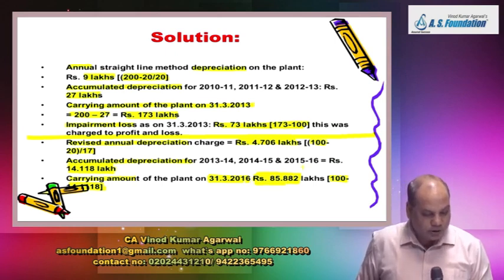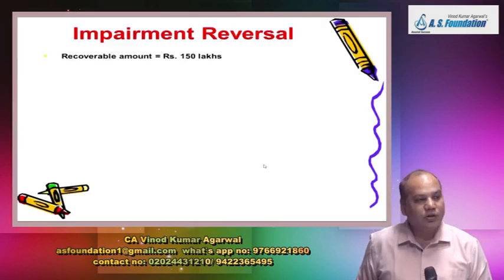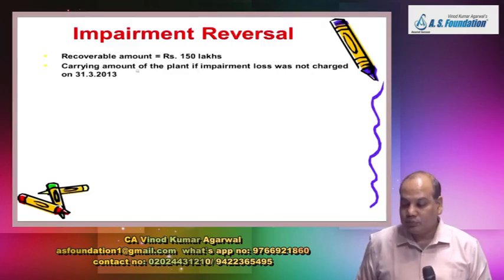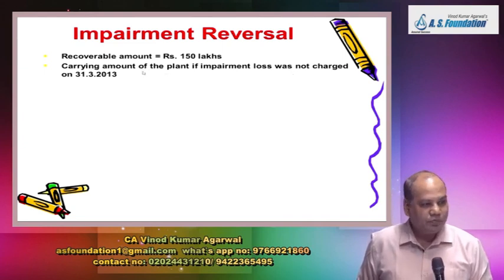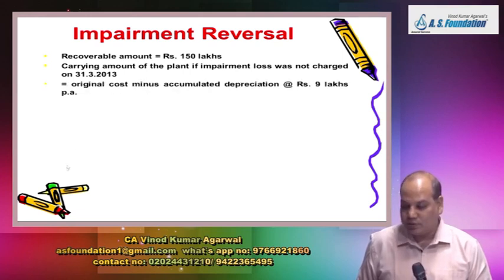Recoverable amount is given in the question, 150. But one more calculation we'll have to do. Next line, write down carrying amount if impairment loss was not provided. Now remember how much we have charged every year, 9 lakh.